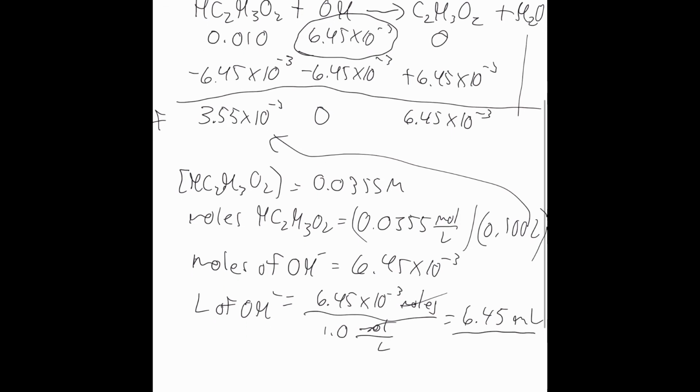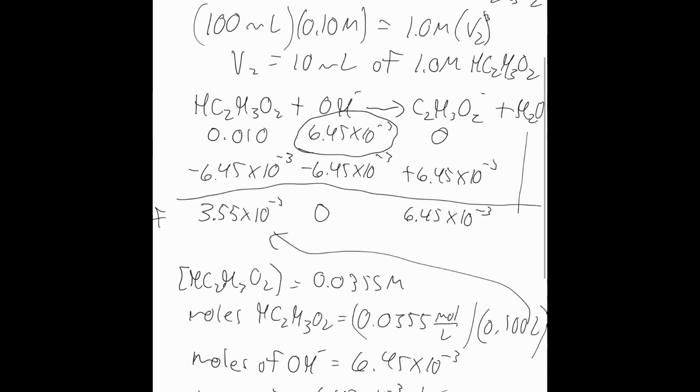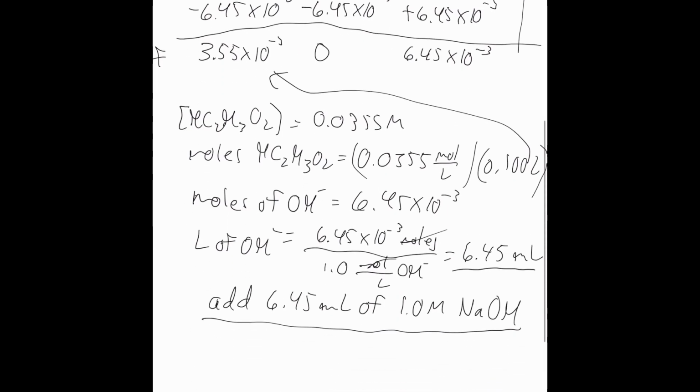Okay, so we would need to add 6.45 milliliters of 1.0 molar sodium hydroxide. And then we add 10 milliliters of 1.0 molar acetic acid from above.